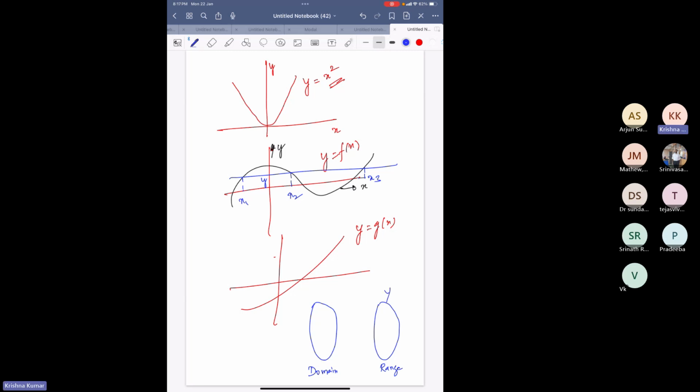Now, what does it mean? In this graph, there are three values of x: x1, x2, x3, and I have one value of y. So x1 goes to y, x2 goes to y, x3 goes to y. So these are three different values of x.